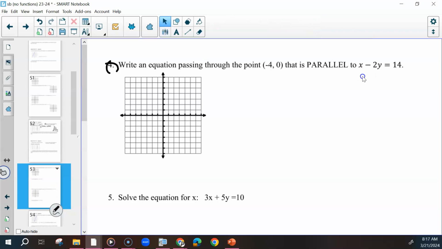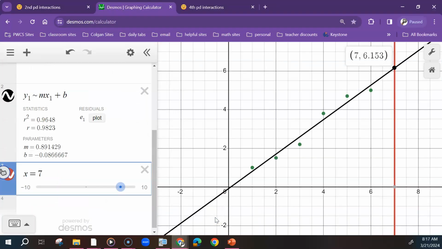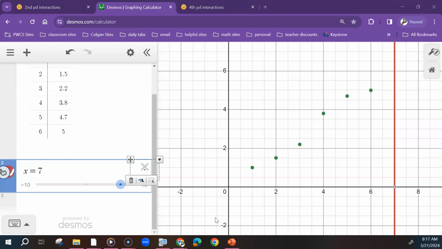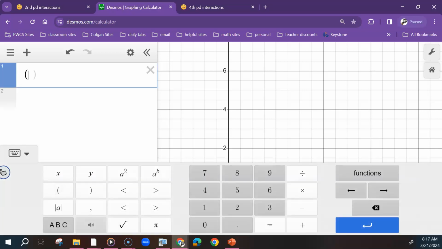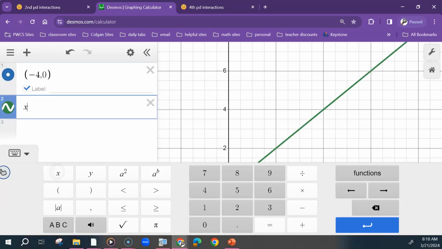So I'm going to do all of this in Desmos, by first putting in the ordered pair, putting in the given equation. Okay.